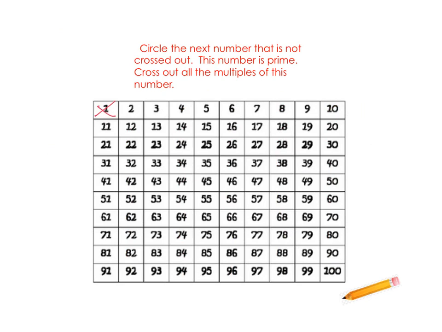We've crossed out 1 and circled 2. We got rid of all of these, and these, and these.